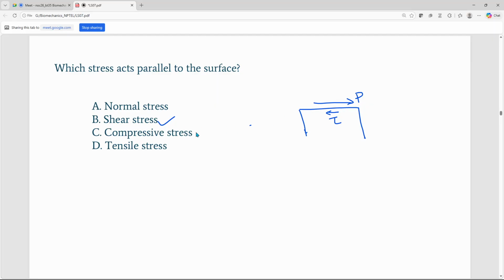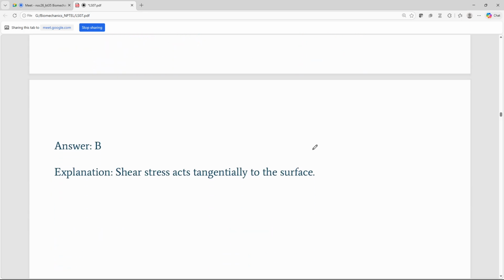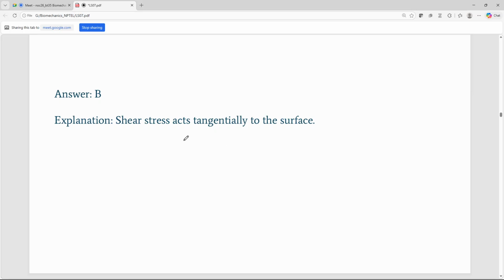Compressive stress and tensile stress are two examples of normal stresses, that is, the stress acting normal to a surface. Tensile and compressive are two types of normal stresses, while shear stress is the stress that acts parallel to the surface. Shear stress acts tangentially to the surface.